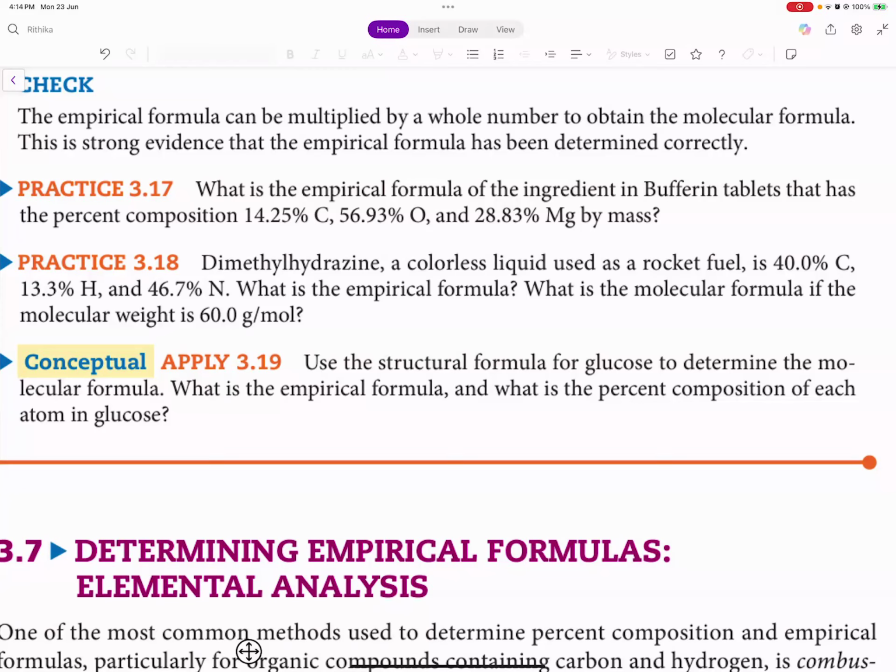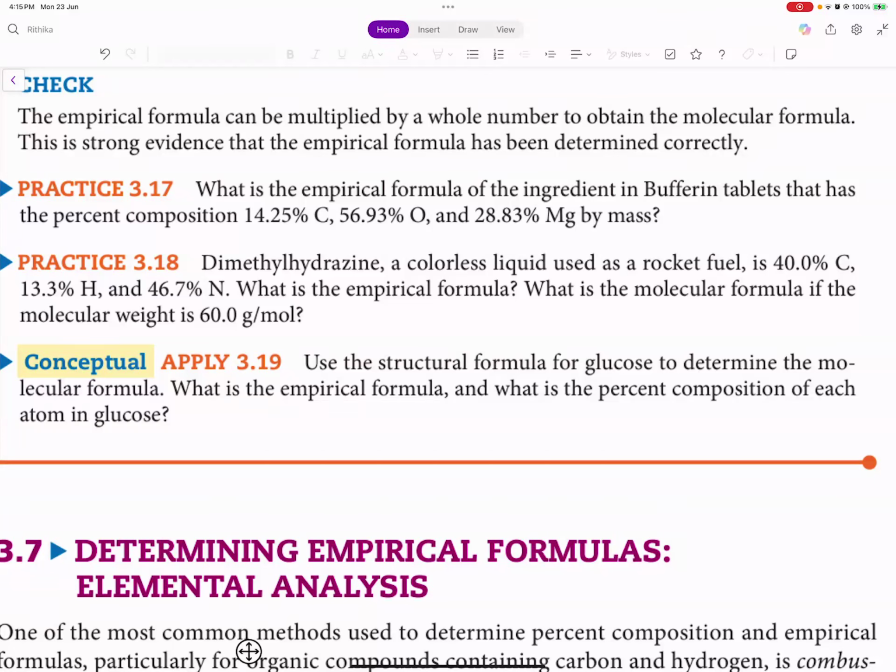For carbon, I got 3.33 moles. How did you get it? I divided 40 by 12, and you get 3.33. Then for hydrogen you get 13.3, right? Yeah. And for nitrogen, I'm getting 3.33. So you will get C 3.33.